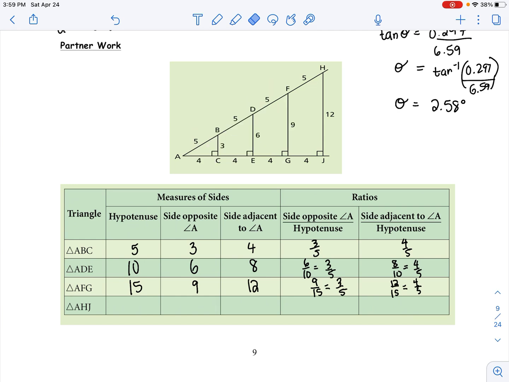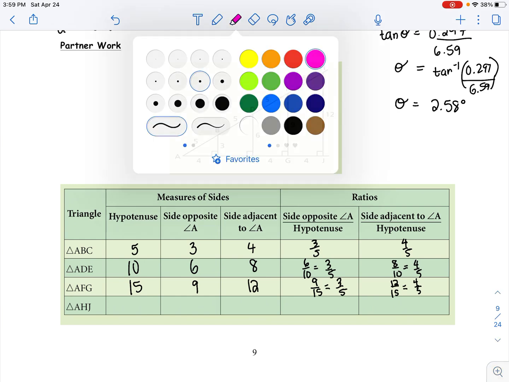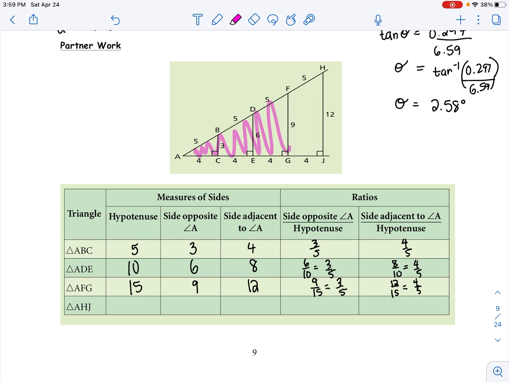And our last one is looking at the biggest triangle that we can create, which is this one here. So the big, big, big triangle. Your hypotenuse is now 20. Your opposite side is 12, and your adjacent side is 16. So that means 12 out of 20.